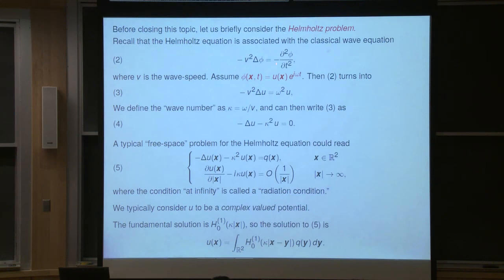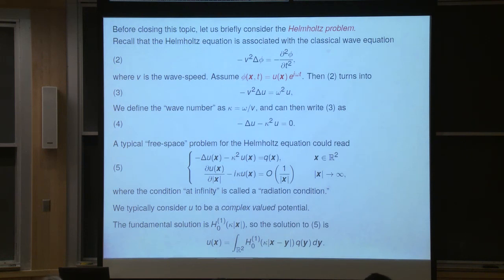You plug that in, and the second derivative with respect to time gets replaced by omega squared. So omega is the phase speed. Then you divide by V, and you get this Helmholtz parameter, kappa. So large kappa corresponds to high frequencies, corresponds to short wavelengths. So as kappa increases, things get more difficult, is the short story here.